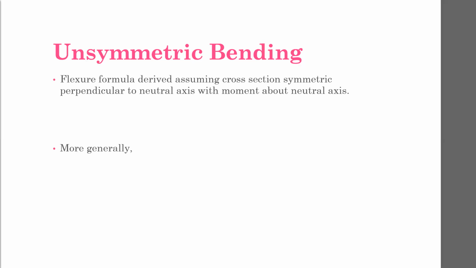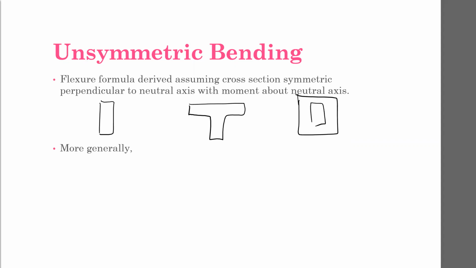So what we've talked about thus far involves symmetric shapes. So these are a few examples. And they all had a neutral axis with the moment being applied about that neutral axis. So they had a moment like this, a moment like that, and a moment like that.